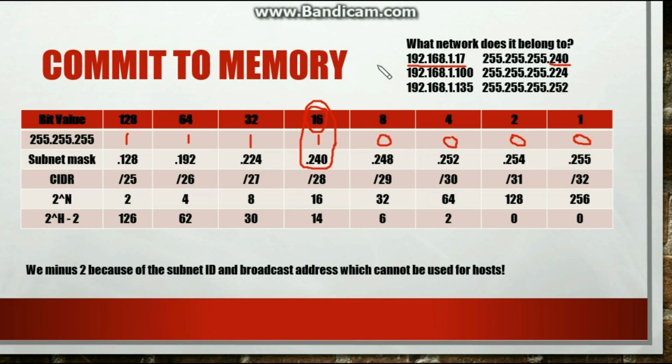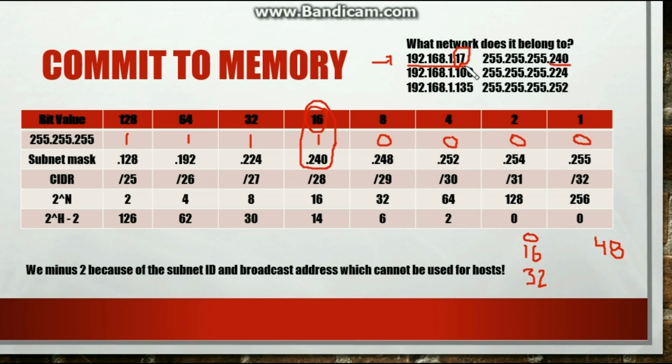So where does this IP address lie? That .1.17? Well, this is where we have to start at 0 and start rotating by a number of 16. So if we start at 0, rotate by 16, that means the next one's 16, and then add 16 again, 32, add 16 again, what is that, 48, and you get my picture, right? You just keep rotating by 16. And you look at that last octet of the IP address that this subnet mask is referencing.